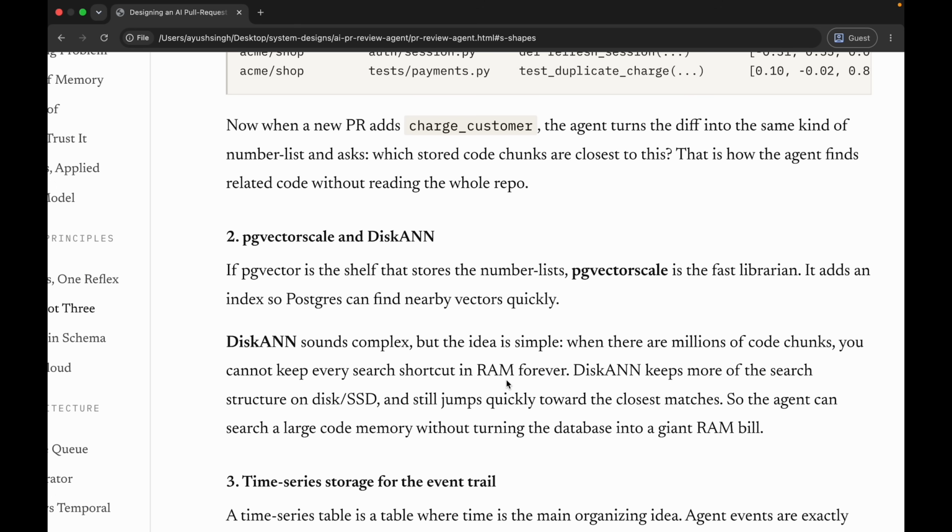So what pgvectorscale and DiskANN are doing is, because your code can get to millions and millions of lines and millions of embeddings, these two advancements can help you get the right embedding super quickly.